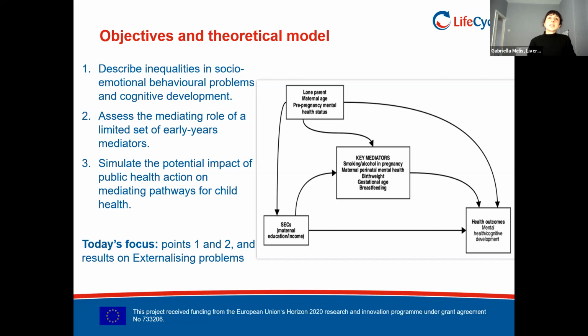The diagram here presents our study's theoretical model, where we aim to assess the mechanism behind the relationship between socioeconomic conditions and a set of child mental health outcomes as mediated by a set of intervening variables, such as maternal mental health during and after pregnancy, smoking in pregnancy, breastfeeding, and gestational age, and controlled by a set of confounders, such as single parenthood, maternal age at birth, and pre-pregnancy maternal health status.